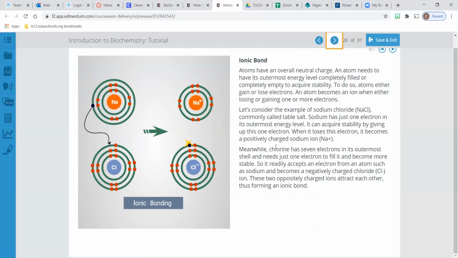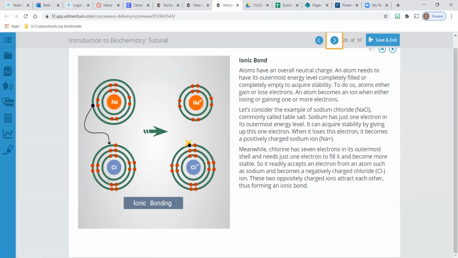Depending on your outermost layer, however many electrons there are, that determines what kind of bonding will occur. If you're only missing like 1 or 2, you're likely gonna see a covalent bond.